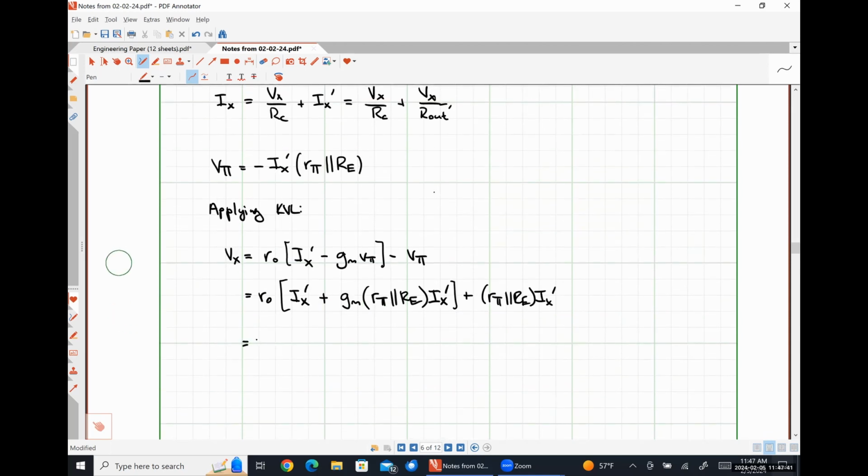So that's going to look like Ix prime times r naught times (1 plus gm times r pi in parallel with RE) plus r pi in parallel with RE.